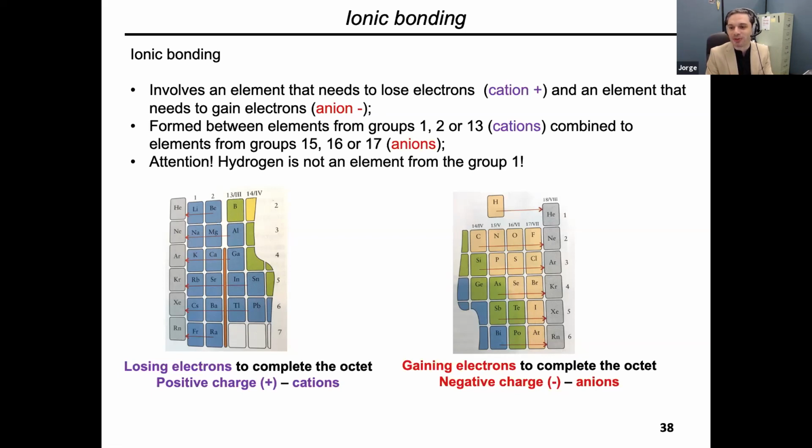Okay, so because of that, we cannot label hydrogen in either of those two groups because it has this ambiguous behavior. So that's why it does not belong to group 1. It's there because the atomic number is 1. That's the only reason. And in some tables, you will see hydrogen in two positions, either at the top of group 1 and also at the top of group 17. And that's the reason, okay?